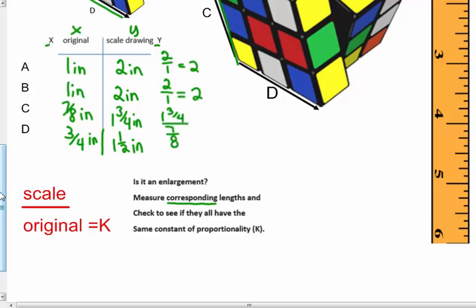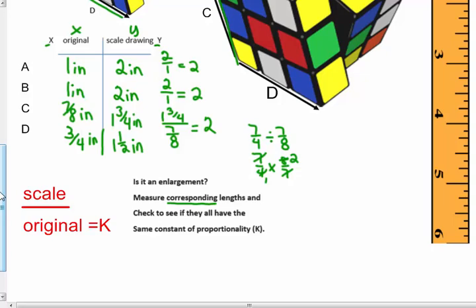And yes, if you do that mathematics, it is a constant of 2. 1 3/4. So that's 7/4 divided by 7/8. Well, that's 7/4 times 8/7. And yes, they are in a 2-to-1 ratio. As you can see, that math does work.